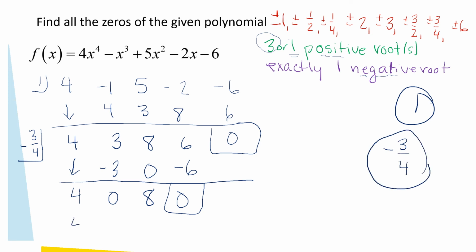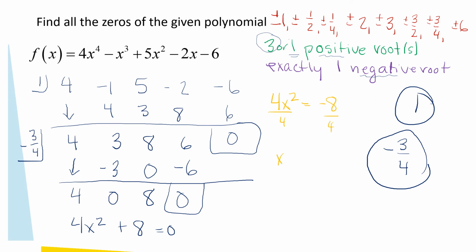Now this is 4x squared plus 8. If I set that equal to 0, I'm going to use the square root property, and I'm going to subtract 8 on this side. So 4x squared equals -8. I'm going to divide by 4.